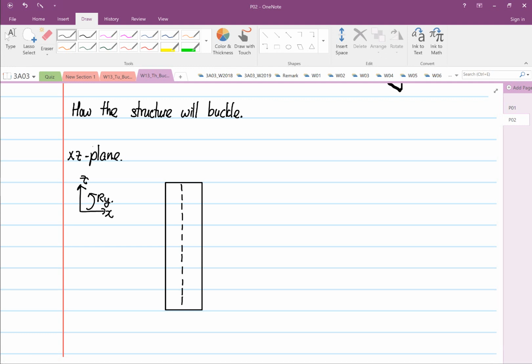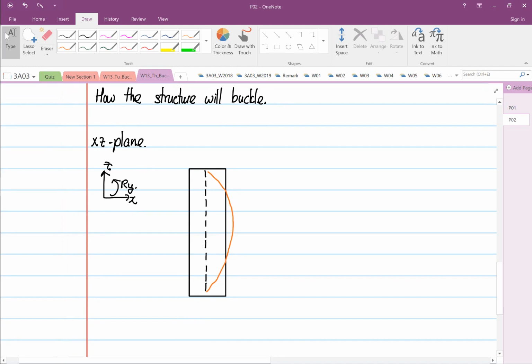Okay, our web. So the structure now can deform, right? It can basically deform in this direction. Okay. So we also know if it deforms in that direction, it is rotating. Okay, we know that this is rotating.